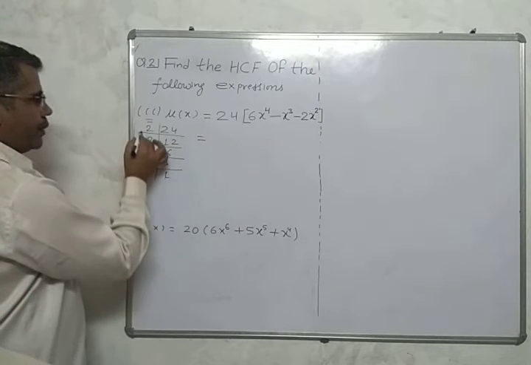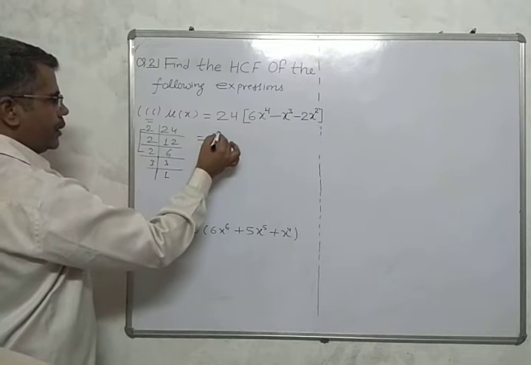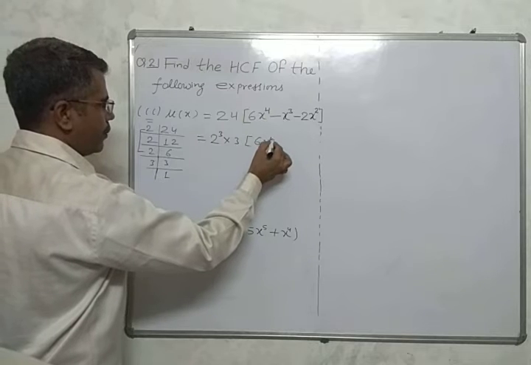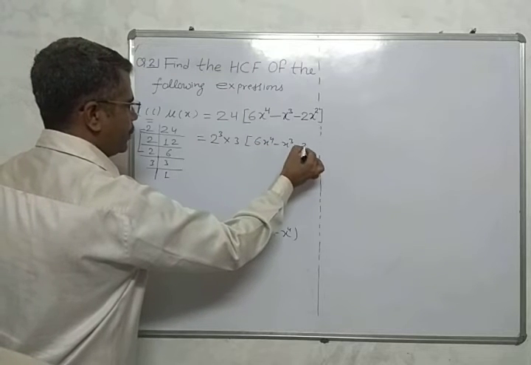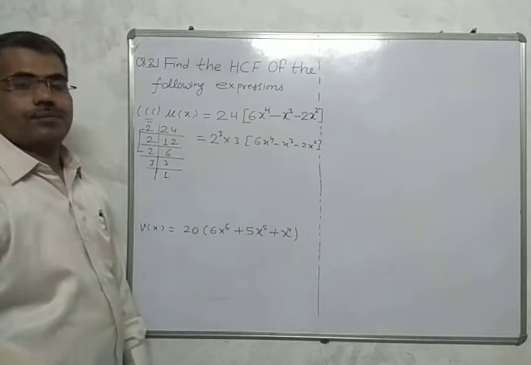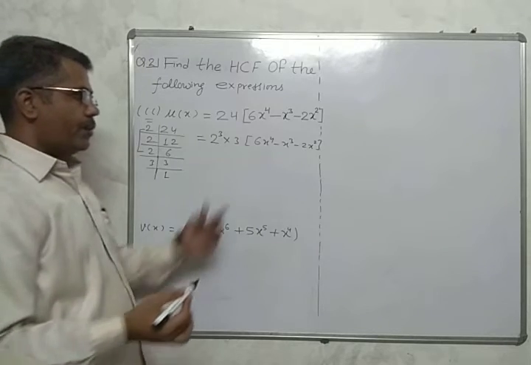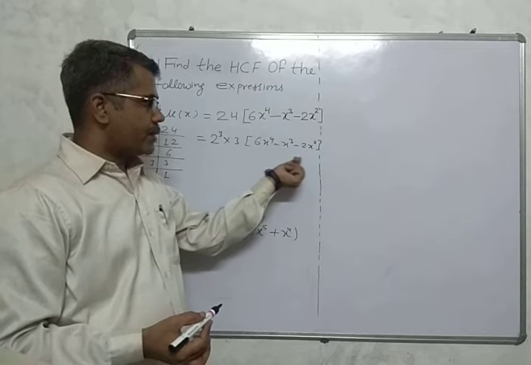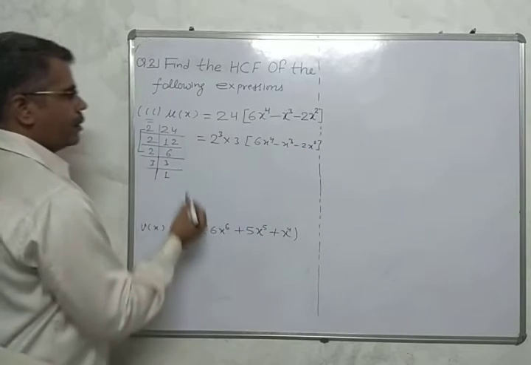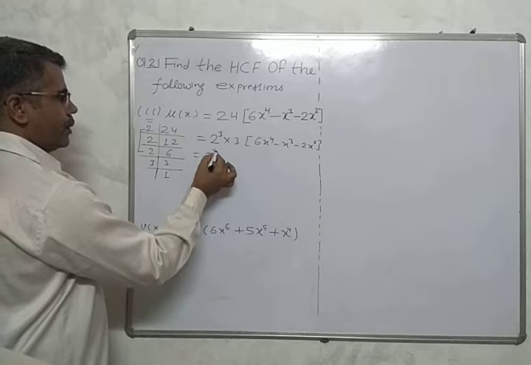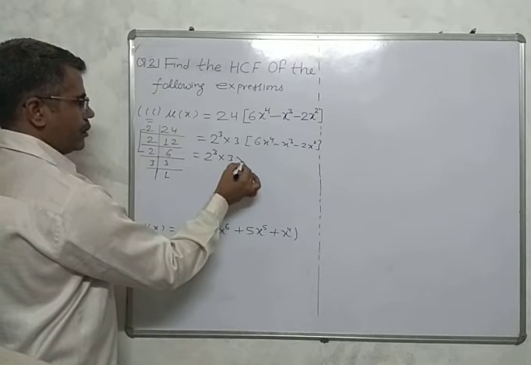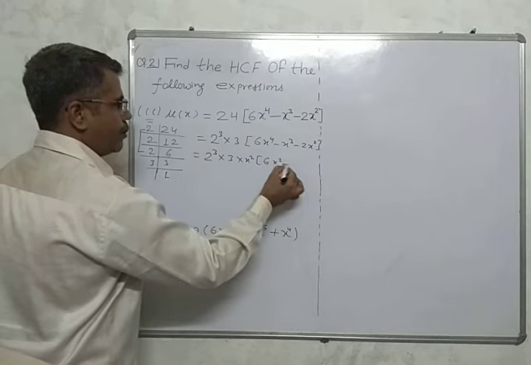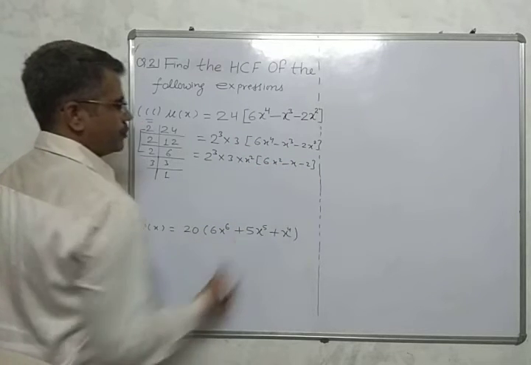So 24 we write in the form of 2 to the power 3 into 3, and 6x to the power 4 minus x cube minus 2x square as it is. If we look at this algebraic expression, we find x square is common in the whole. So we take x square common. We have 6x square minus x minus 2.